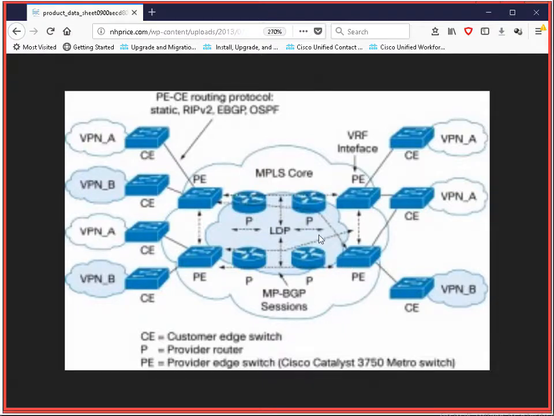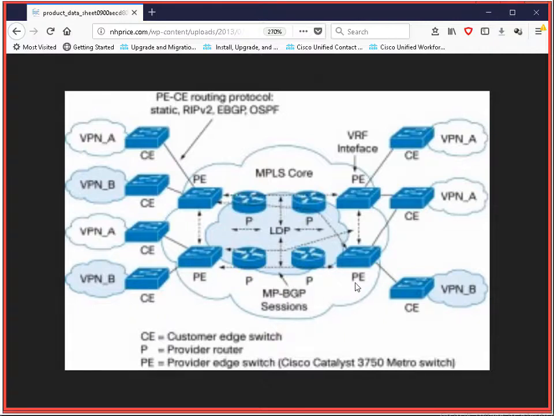Now that peering relationship is being established over the core IGP, and then the actual routing is taking place with MPLS. But the actual BGP sessions, these P routers are not running BGP. Only the PE routers are running BGP. So the routes get imported here from the CE routers.